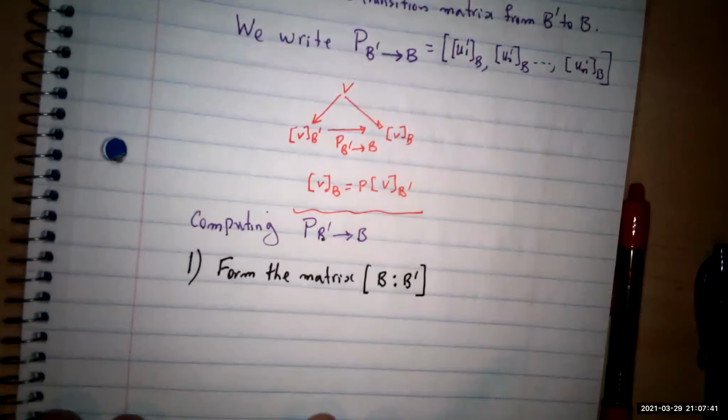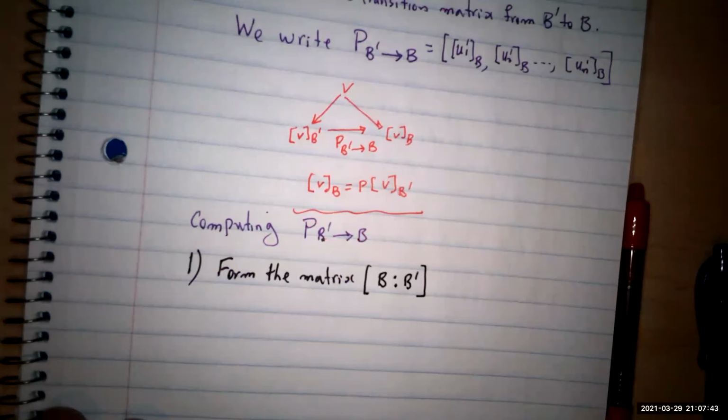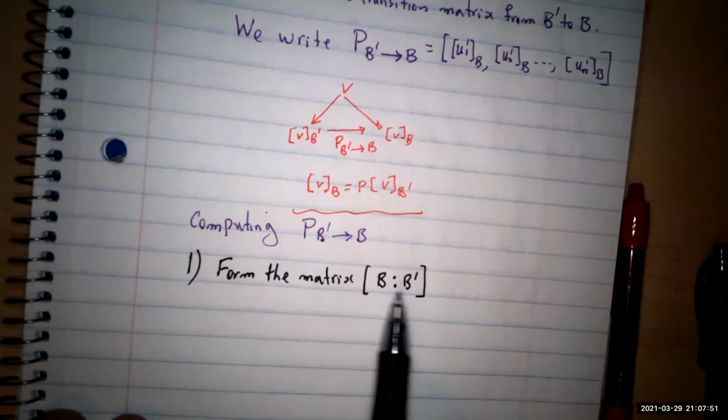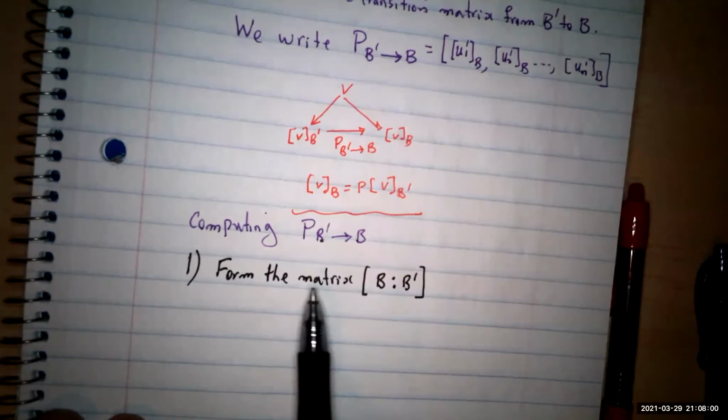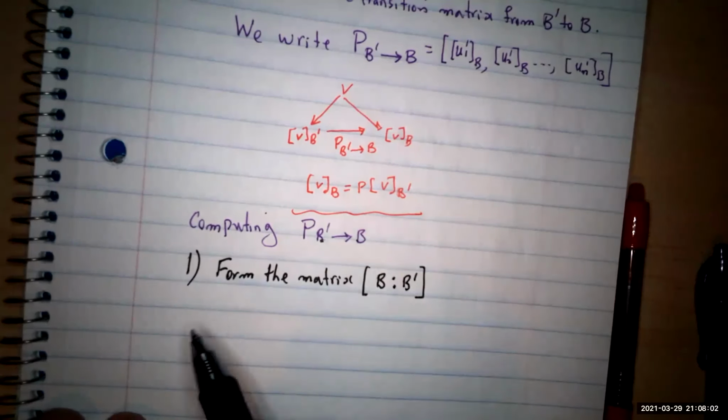That's the way we do it. Then you are going to do the row echelon form, and you try to reduce this B into the identity matrix.